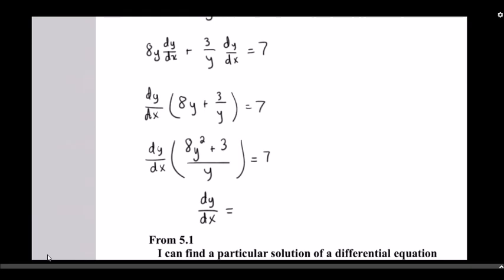So if I were to multiply this by y over 8y squared plus 3, if I multiplied that by its reciprocal, it would cancel out. So I'd end up with 7y over 8y squared plus 3.